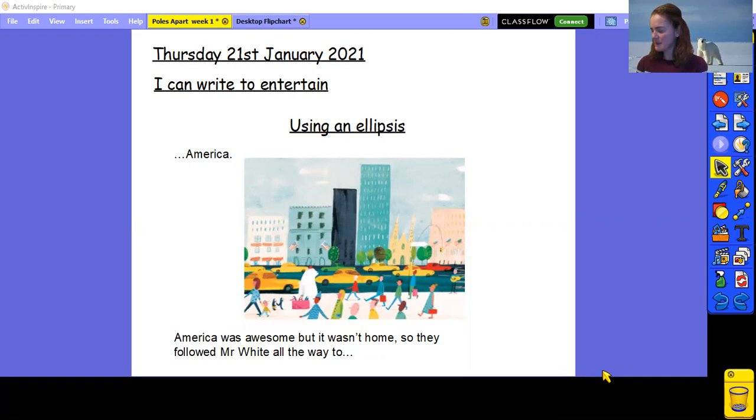So they followed Mr. White all the way to England. But we actually don't need sound effects. I know it does create quite a bit of tension and drama, but it's more to show a prolonged pause in your reading. So I've got a couple of more definitions of an ellipsis for you coming up, and you might want to try using an ellipsis in your writing today.